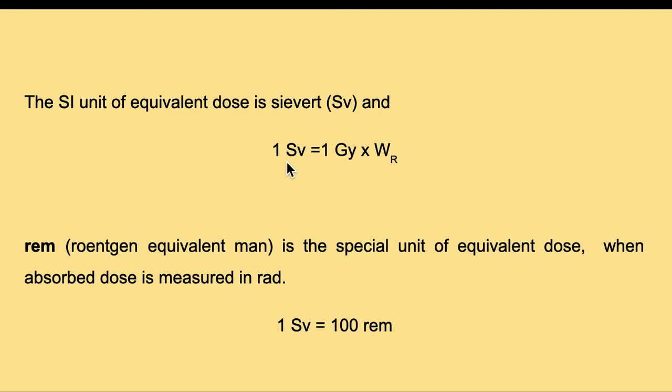In that case, rad corresponds to roentgen, and that roentgen is for air. So if you are considering the biological system, that is why you consider roentgen equivalent man. Rad corresponds to roentgen, times a weighting factor, so that roentgen you are converting into man, the corresponding biological system.